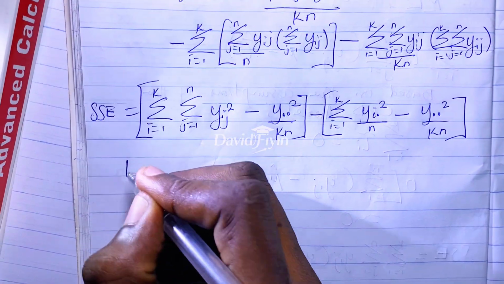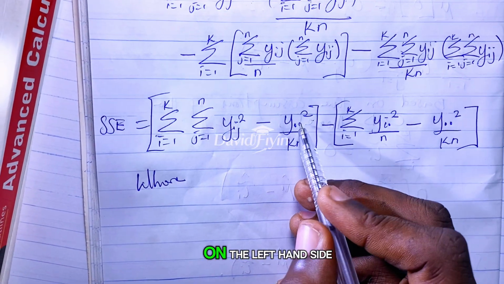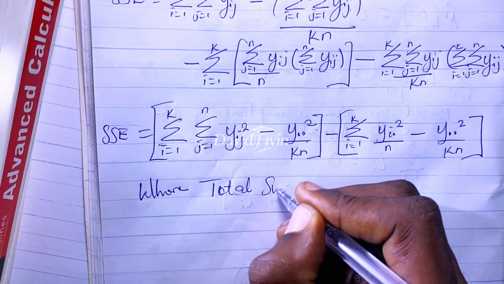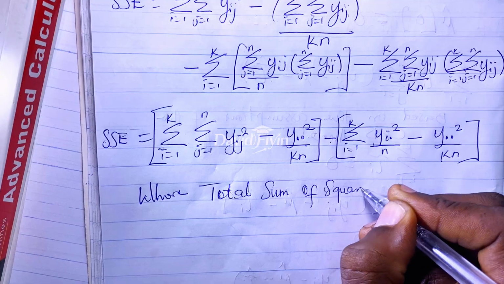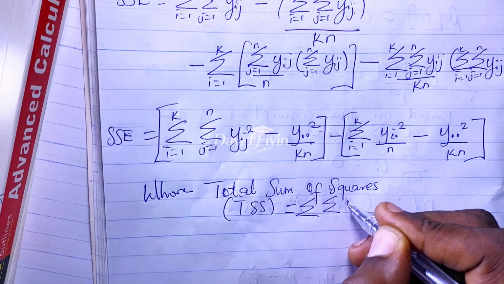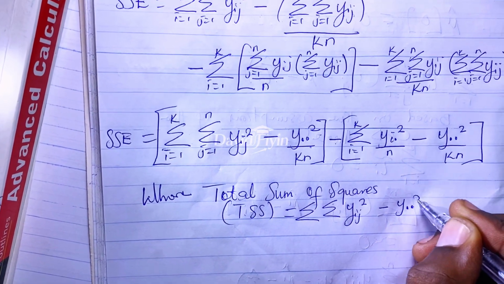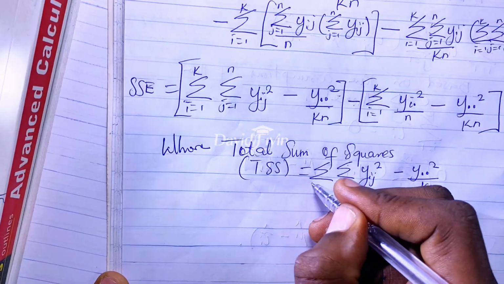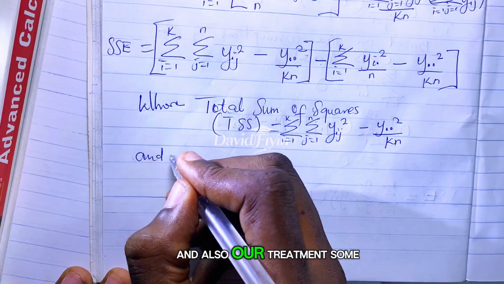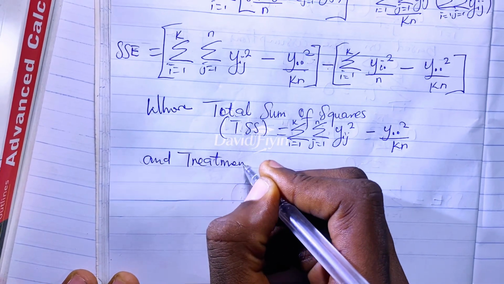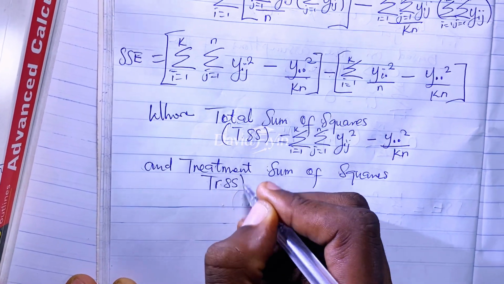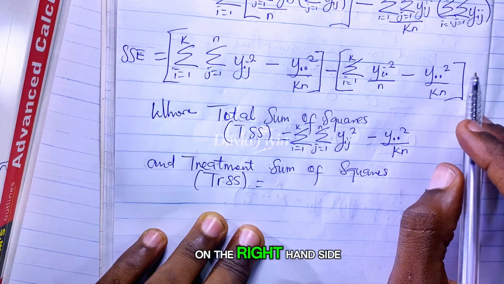Where this expression here on the left hand side of the minus sign represents our total sum of squares, summation y_ij squared, i equals 1 to k, j equals 1 to n, and also our treatment sum of squares is going to be this expression on the right hand side of the minus sign.